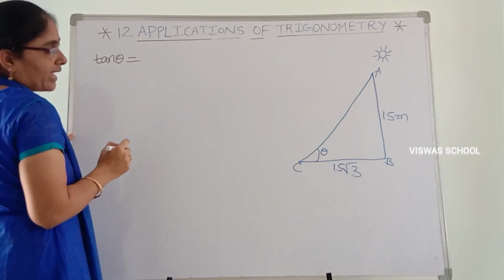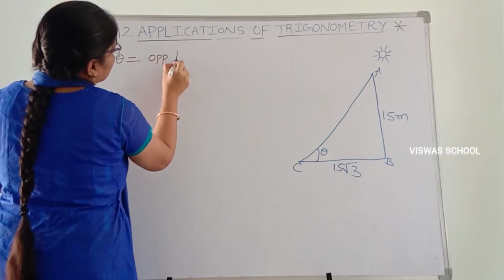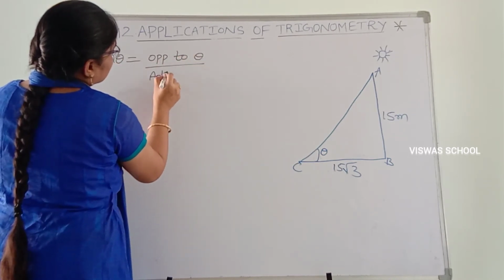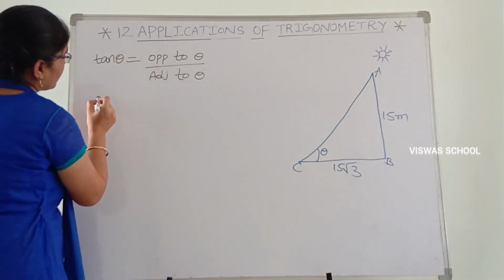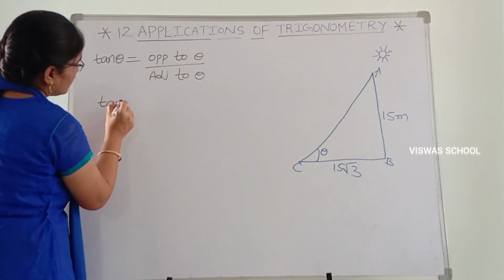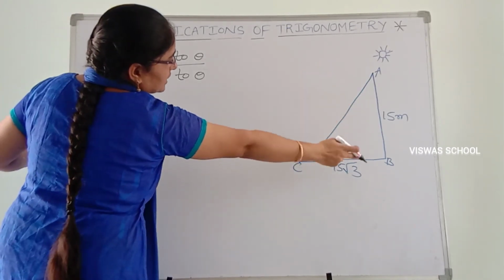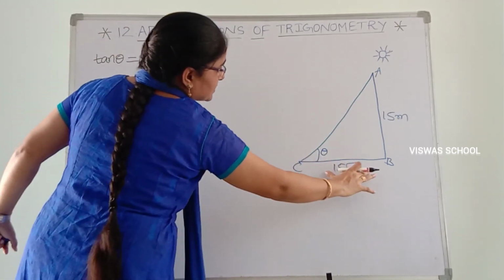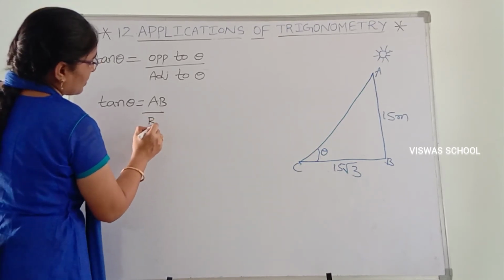I am taking tan. Tan theta is equal to opposite to theta by adjacent to theta. Tan theta equals opposite to theta, that is AB, and adjacent to theta, that is BC.